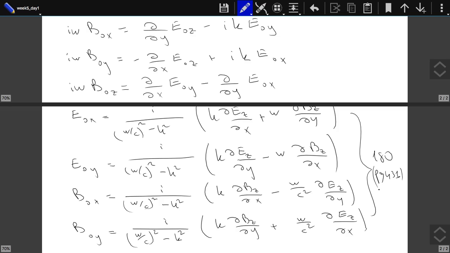Well, you see, what we should do. We had these 6 equations from the curl of E and the curl of B. And we had seen that we can use 4 of them to express E0x, E0y, B0x, and B0y in terms of E0z and B0z. Those z's are all 0z.